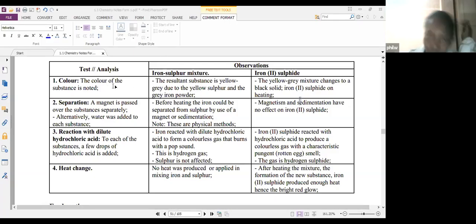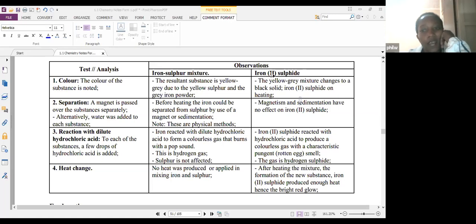Again, from what we have watched, considering the color of both the iron-sulfur mixture and the iron(II) sulfide, the compound that was formed, you realize that the mixture was yellow-gray due to the yellow sulfur and the gray iron powder.